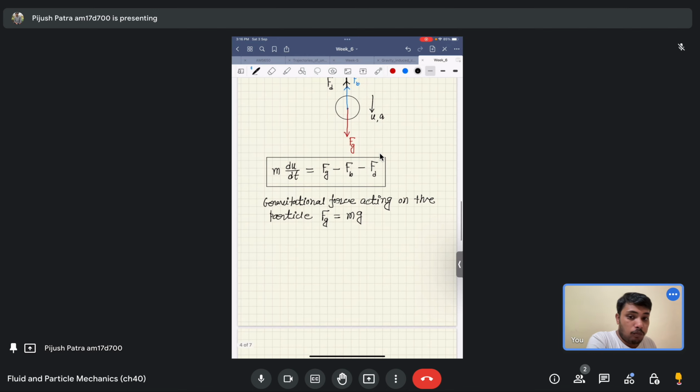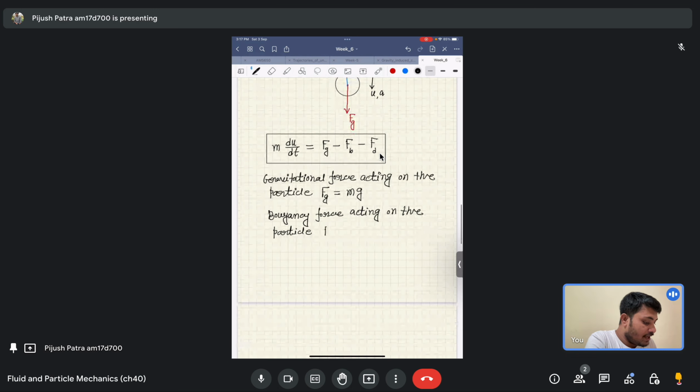Now the buoyancy force acting on the particle, Fb, is equal to the immersed volume of the particle times the density of the fluid times the acceleration due to gravity.